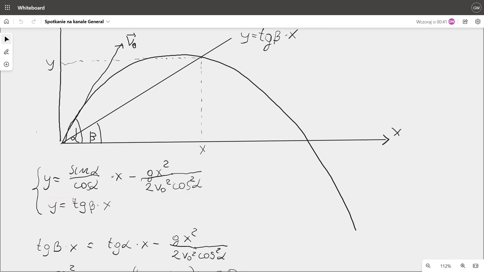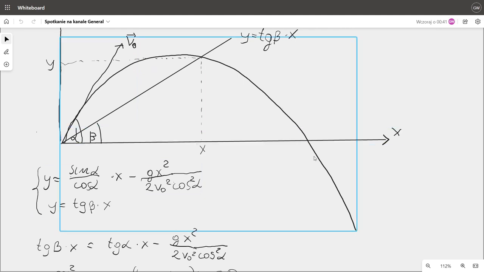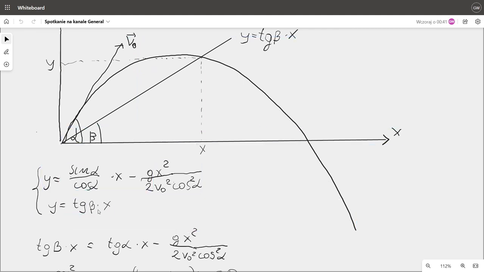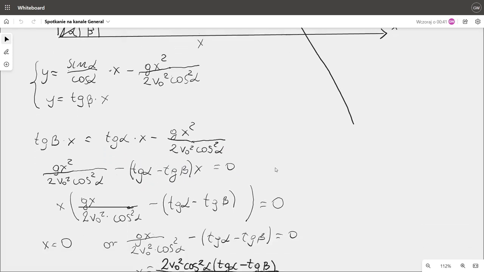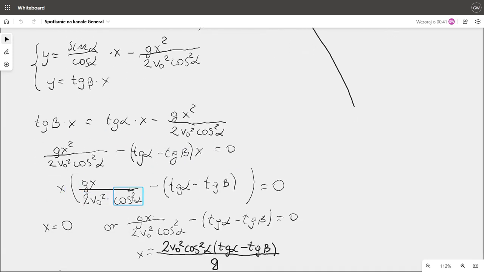So, we have the equation of the path of the thrown object here, and the equation of the obstacle, of this hill. It's here, and we put the right side of the second equation to the left side of the first equation. It's done here. Next, we take all these expressions to the left side and change the form to this.